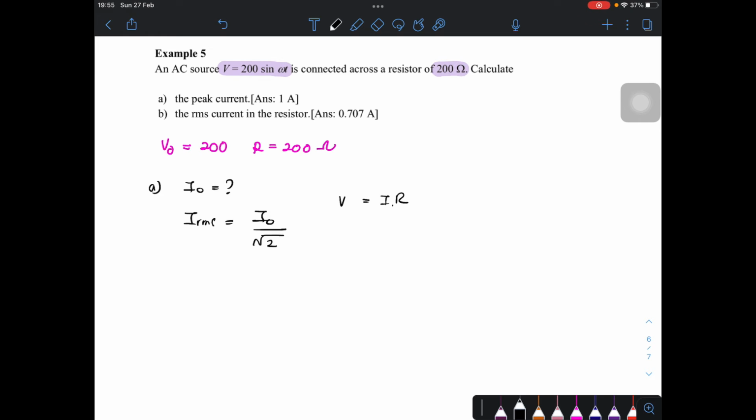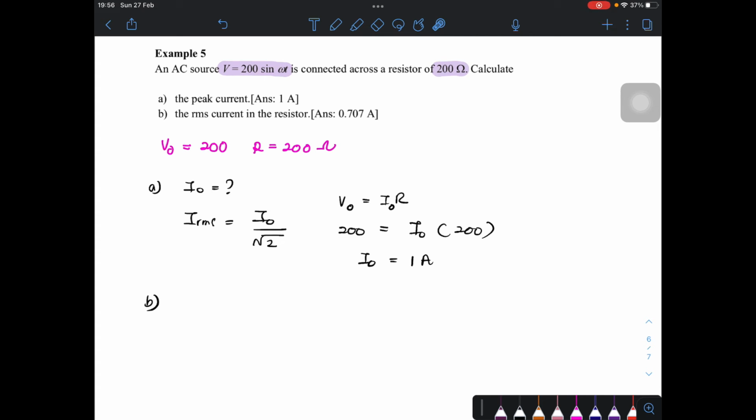So if here is I naught, here will be V naught. If dekat sini adalah peak value, dekat sini pun akan jadi peak value untuk voltage. So we can get the value for the peak current. Here 200, I naught is what we want, times the resistor. So I naught will be equal to 1 ampere.